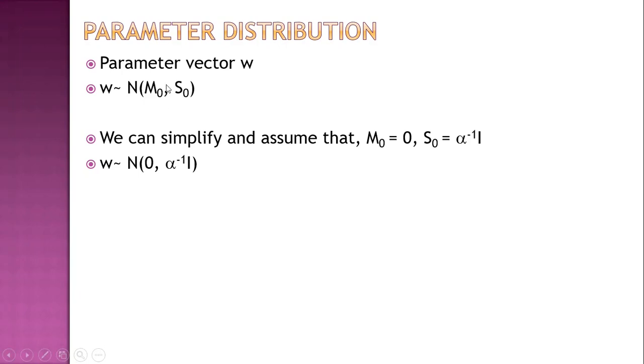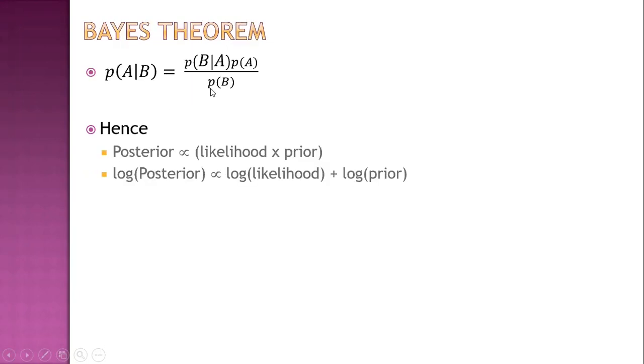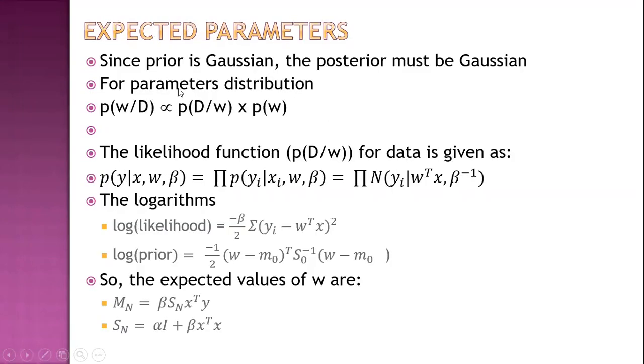So this is the parameter assumption. So Bayes theorem, as we have seen, posterior is proportional to likelihood multiplied by prior. This P(w) is prior. So log of posterior is proportional to log of likelihood plus log of prior. This we have seen in our Bayesian approach also.